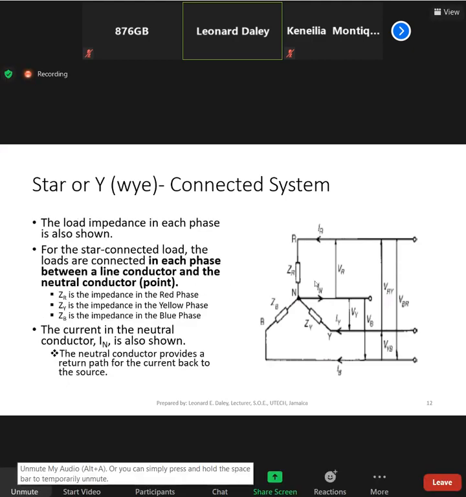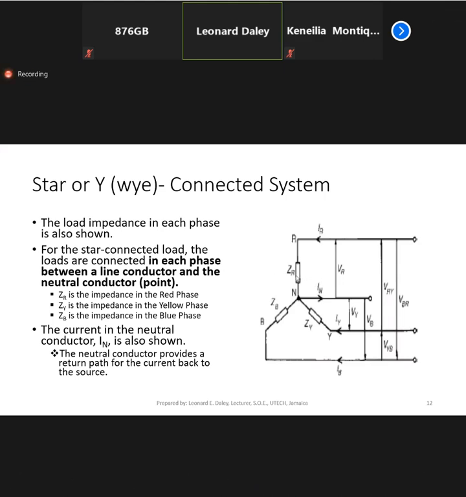All right. So on the diagram, notice also that we have some load impedances. In each phase, you have a load impedance. So in the red phase, in the blue phase, in the yellow phase, you have a load impedance.